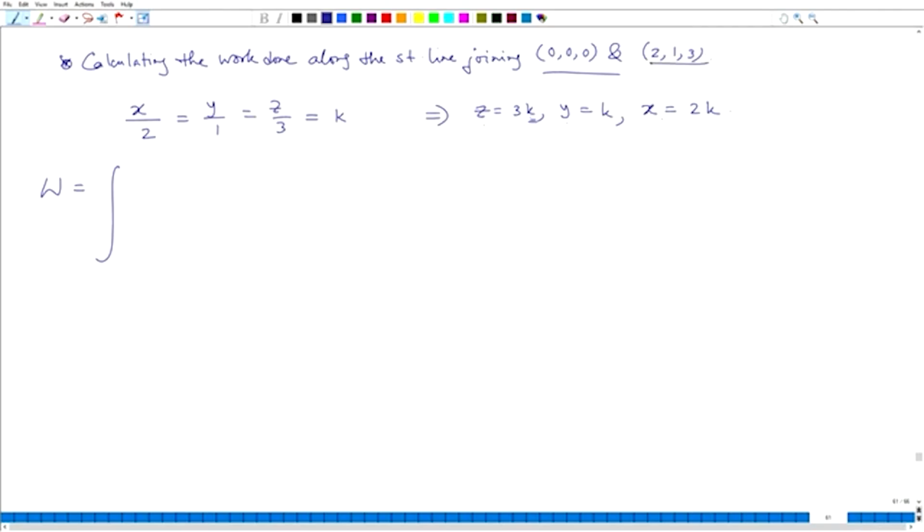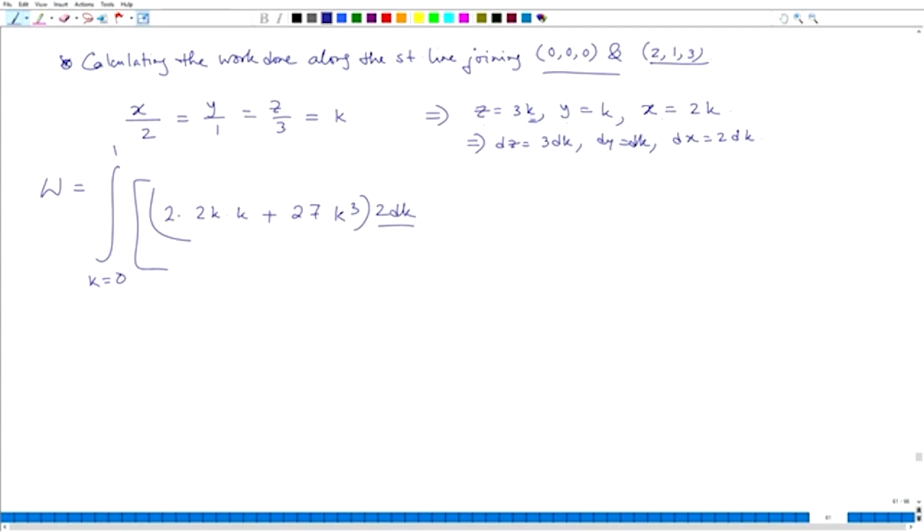So, I can now do the integration from k 0 to 1 and everything will be a function of k, and then you write properly, 2 times 2k times k plus 27 k cubed times 2 dk. 2 dk is nothing but the dx. Okay. Since you have this, do not forget dz will be 3 dk, dy will be dk and dx will be 2 dk.